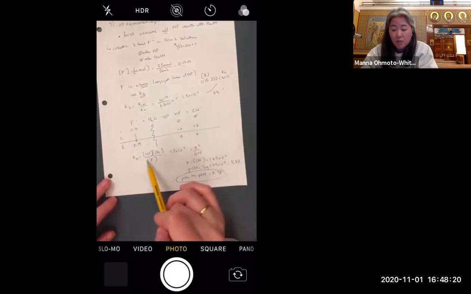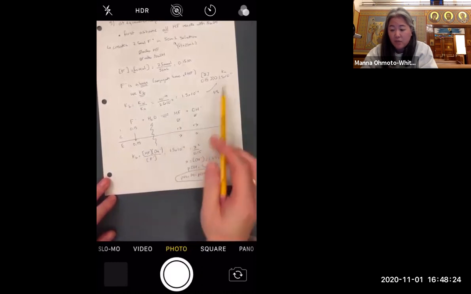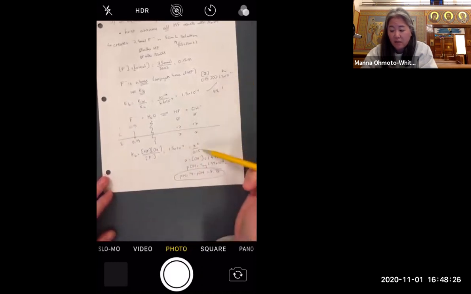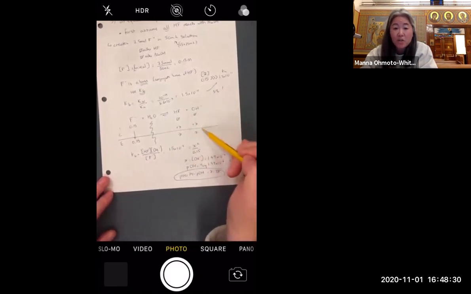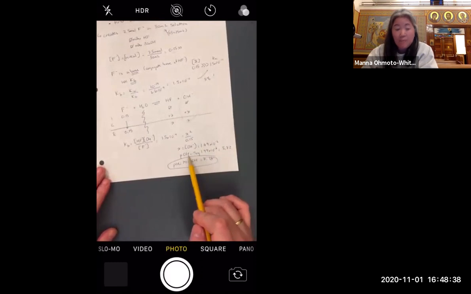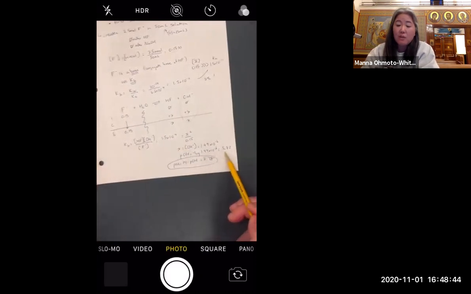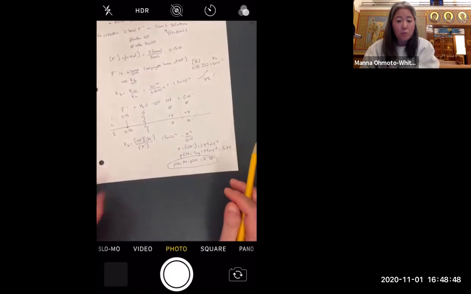My Kb expression will be HF times OH minus over F minus equals 1.5 times 10 to the negative 11th. X is equal to, and this is important to remember, the OH minus ion concentration. When I find that, which is 1.49 times 10 to the negative 6th, I take the negative log to get the pOH, which gives me 5.82. Then I have to remember that the pH is 14 minus that, so my pH is 8.18.